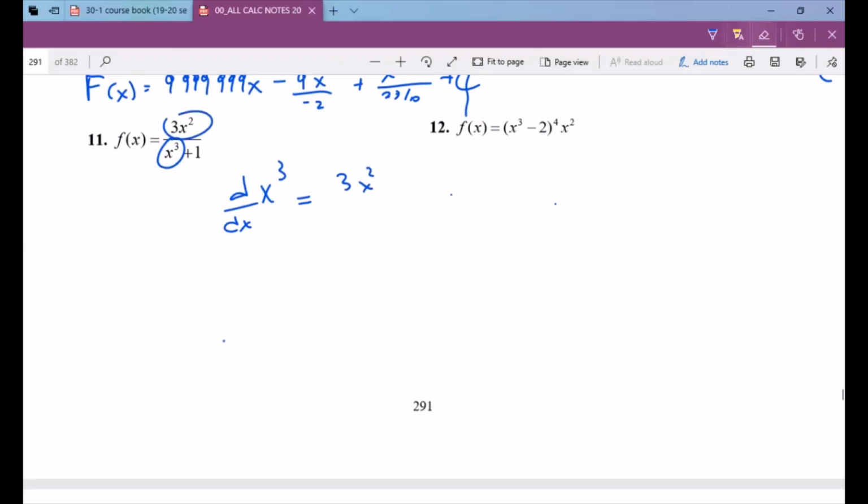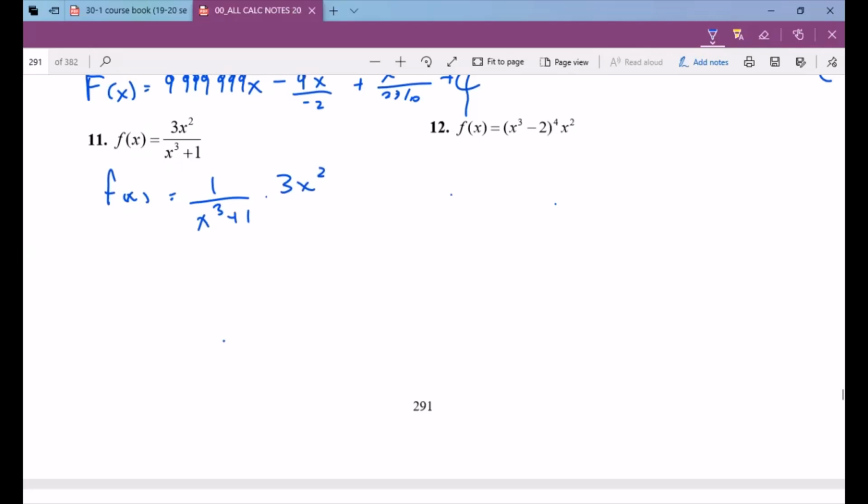So we have both of those pieces kind of showing up in this question, x cubed and then the derivative of x cubed. And in fact, the derivative of x cubed plus 1 is 3x squared. So it's maybe helpful to think of it like this: 1 over x cubed plus 1 times 3x squared.